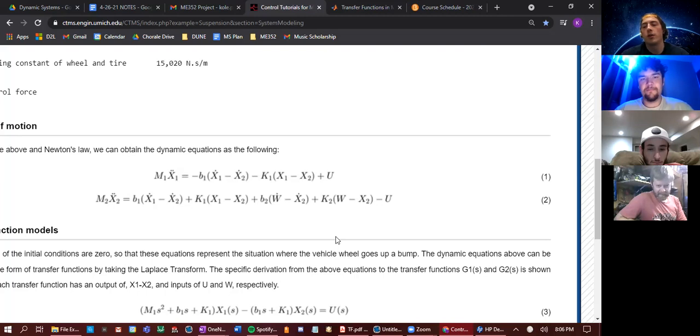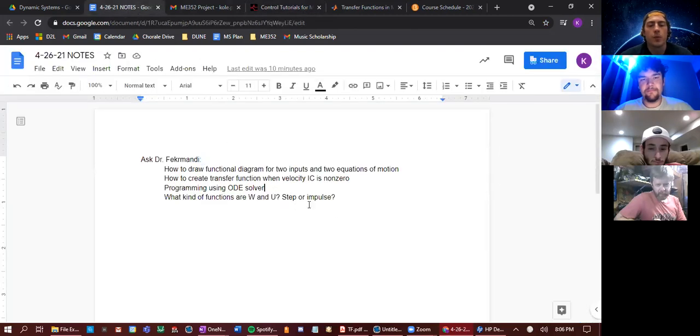And we're not sure how that translates over to the block diagram either, if we want to develop one of those. And then we're not exactly sure what the forcing function and the displacement function W are, if we want to use impulse or step, or exactly how to develop those.